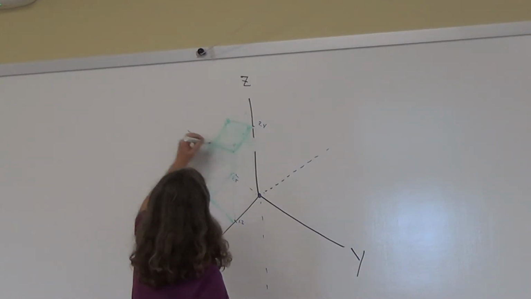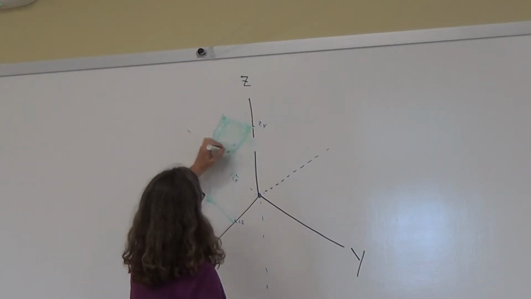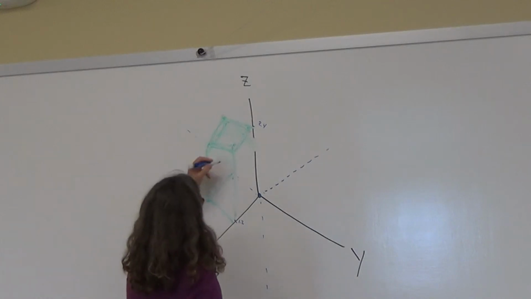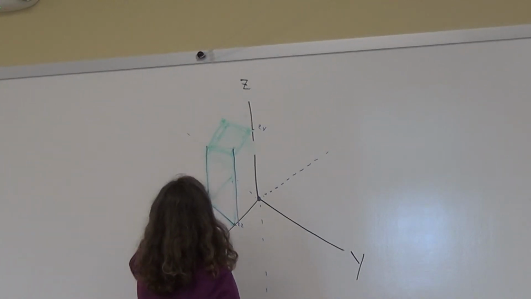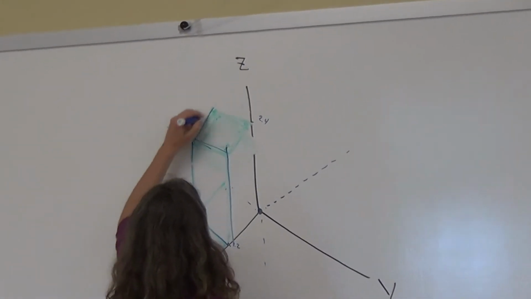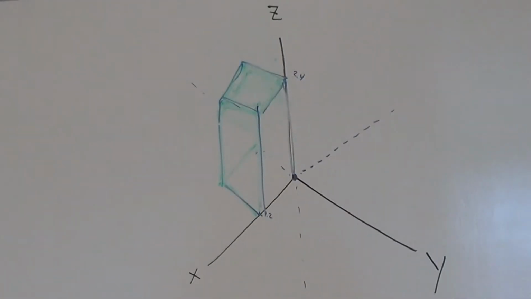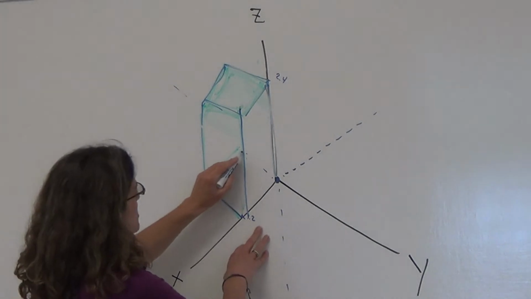This isn't that great. It's better with grid paper, right? So here's my box. Not too bad. So what was this, 1.4?